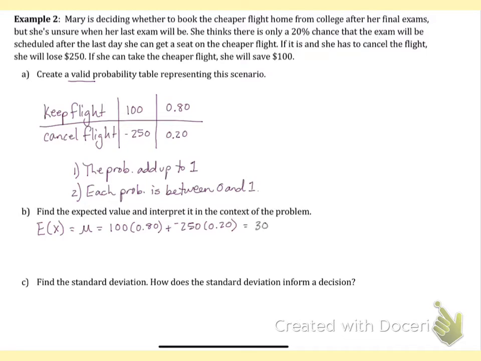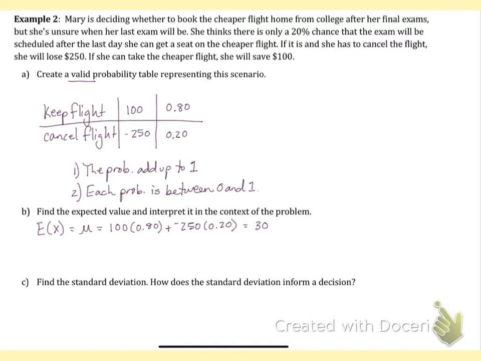When you do this calculation, you'll get 30, which means that on average, Mary will be able to save $30. That sounds kind of weird because the only thing that can actually happen is that she either saves $100 or she loses $250. She's never actually going to gain $30.